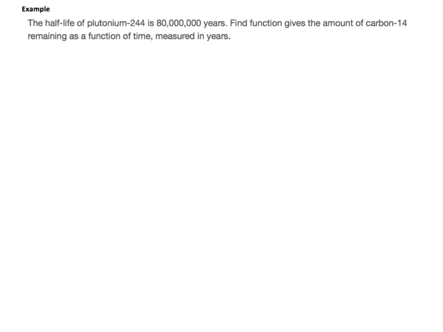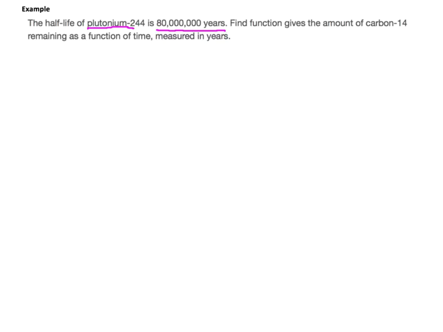Okay, so let's use this practically. So we start off with the fact that the half-life of plutonium-244 is 80 million years. So it takes 80 million years for plutonium to decay to half its original amount. Wow.